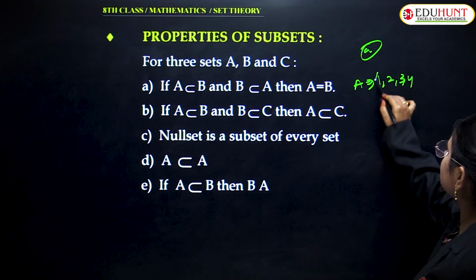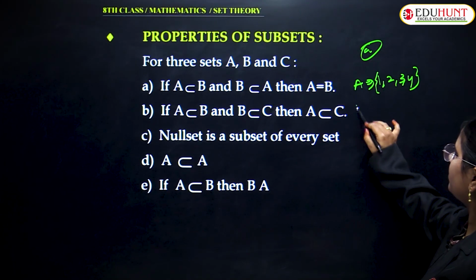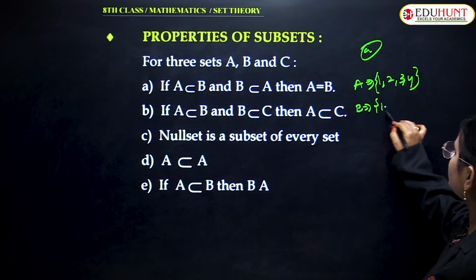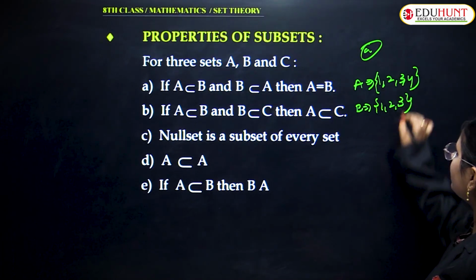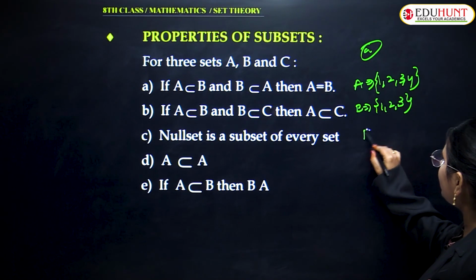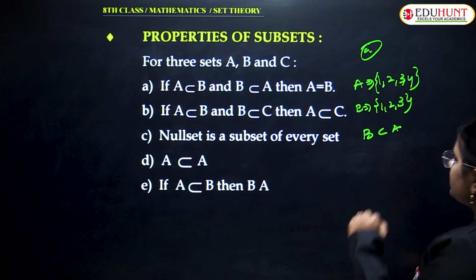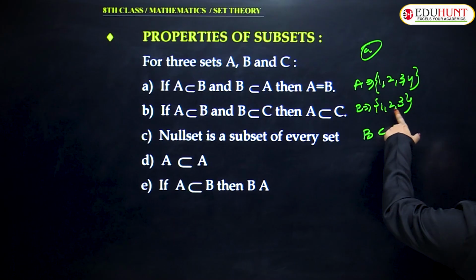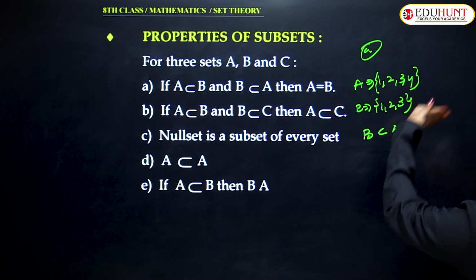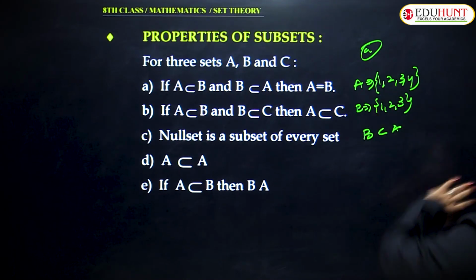First example, B is equal to 1, 2, 3. Here in this case, B is a subset of A, correct? Why? Because 1, 2, 3 are elements which already exist in A.